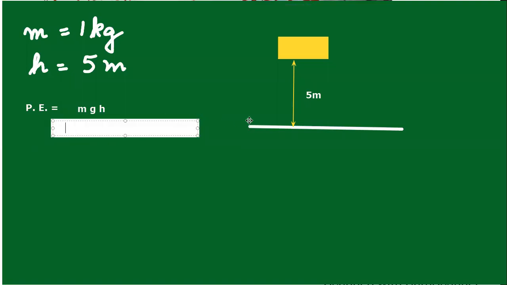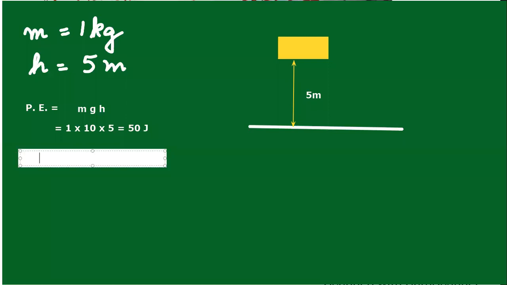Okay, so very good. Now coming to the next part, that is, calculate the kinetic energy when it hits the ground. In such a question, you will write according to conservation of mechanical energy: if there is no loss in energy, then what will happen?